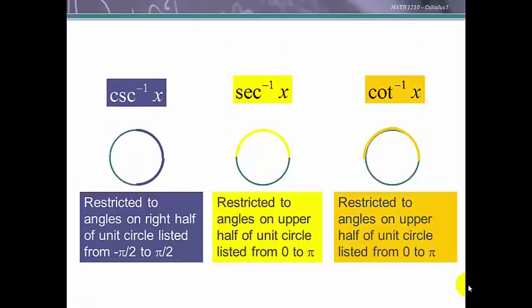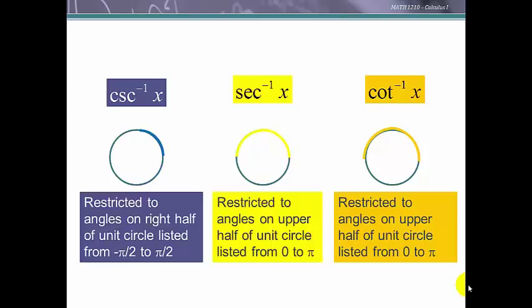Now on the inverse reciprocal functions, we just need to restrict this so that we cover all positives and all negatives and we don't repeat, but the trig book used by the college did the restrictions like is listed on the screen here. However, for our calculus, we're going to restrict them a little bit differently.